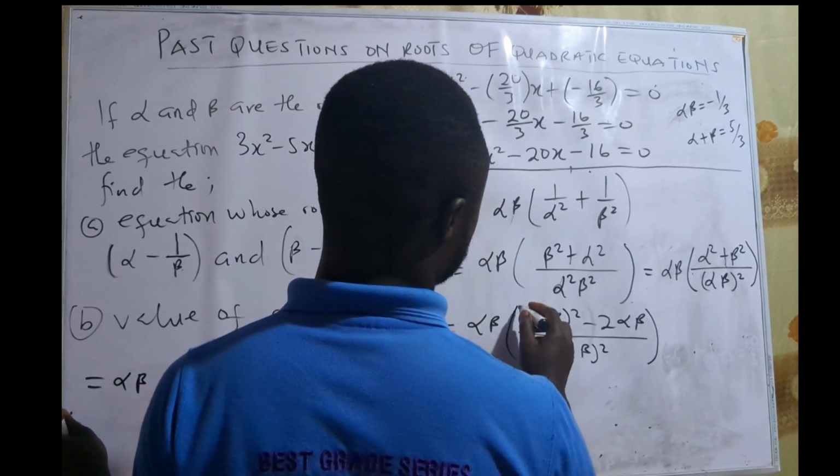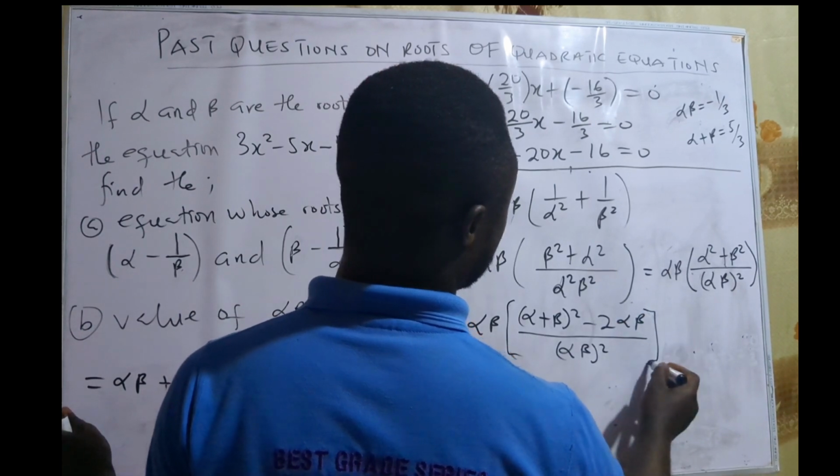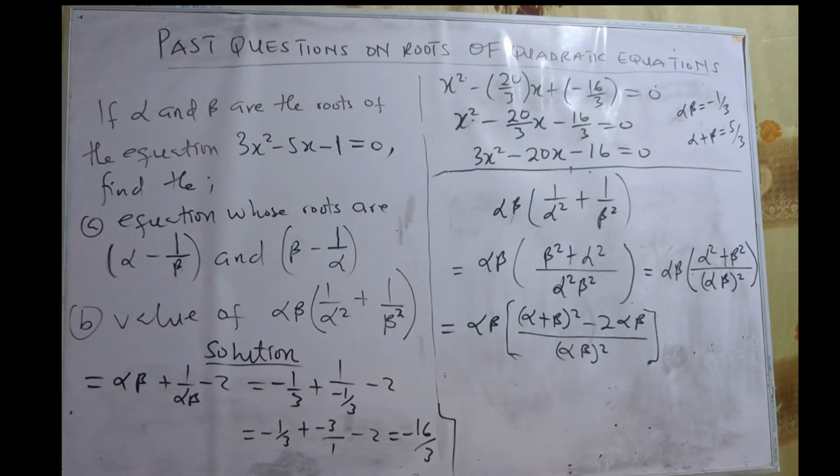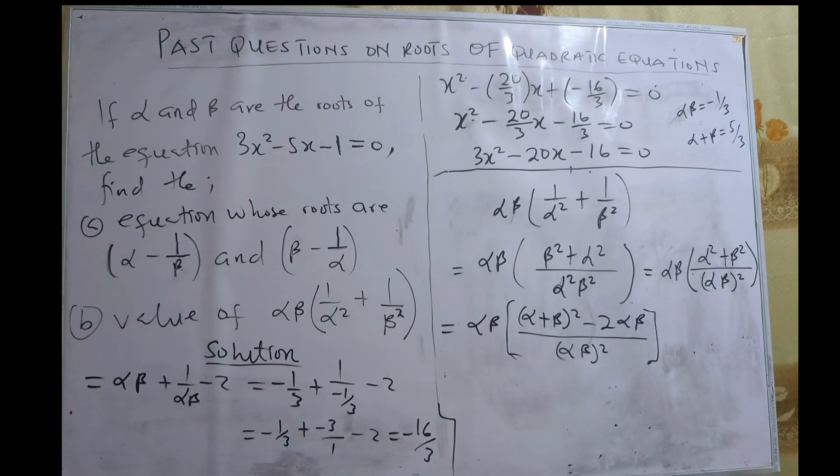So this is what we are going to have. If you like, I can put it in a bigger bracket like this. Alpha squared plus beta squared is alpha plus beta all squared minus 2 alpha beta.